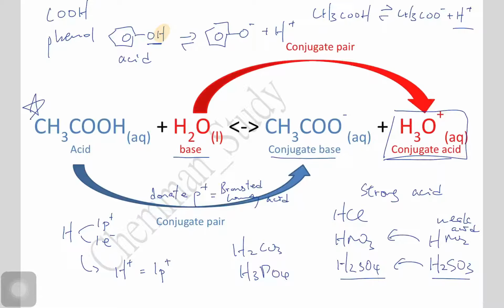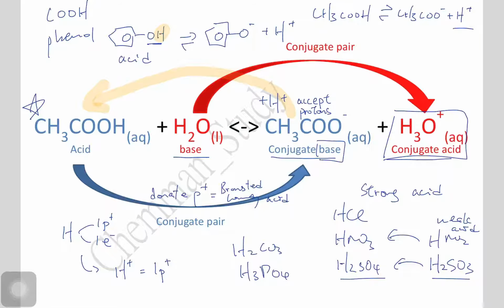Whenever you have an acid and it donates its proton, the species that forms is called the conjugate base of CH3COOH. If you talk about the reverse reaction, CH3COO minus has to gain one proton in order to form COOH. That is why technically it is a base, because it fulfills the definition of accepting a proton for a Bronsted base.